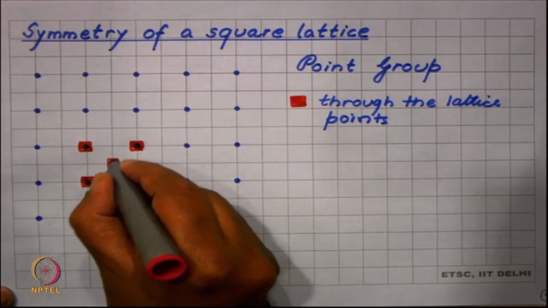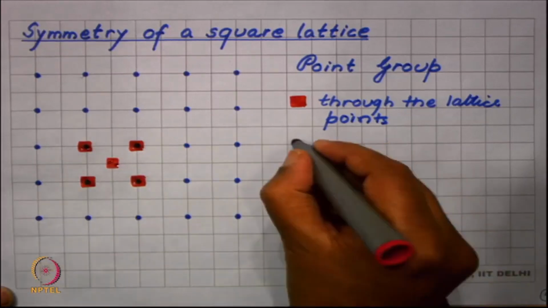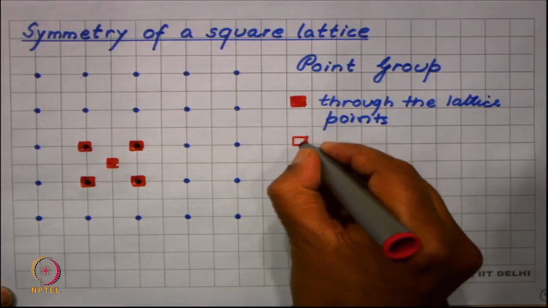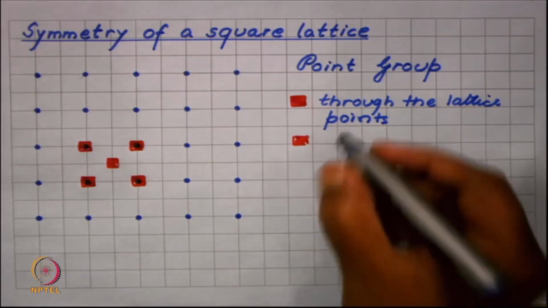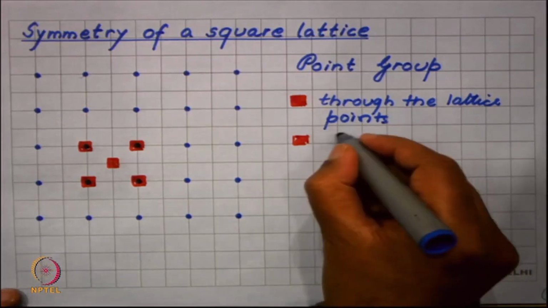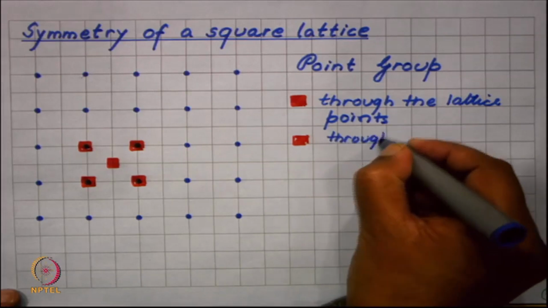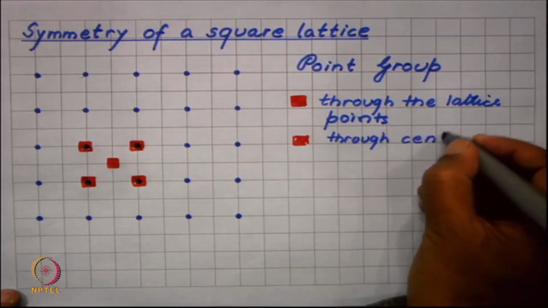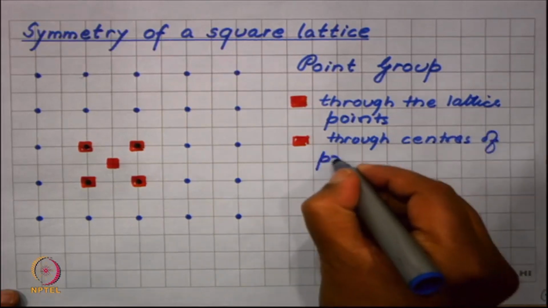So, the center of the square cell also is a fourfold axis. So, there is also a 4 through centers of primitive square, we can call it.